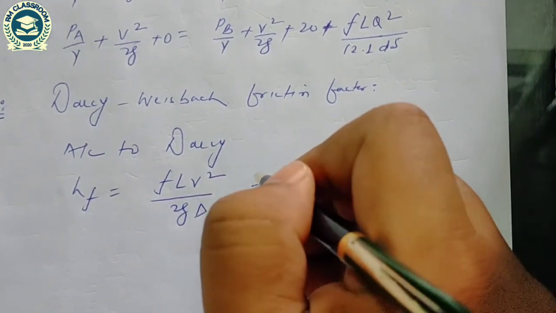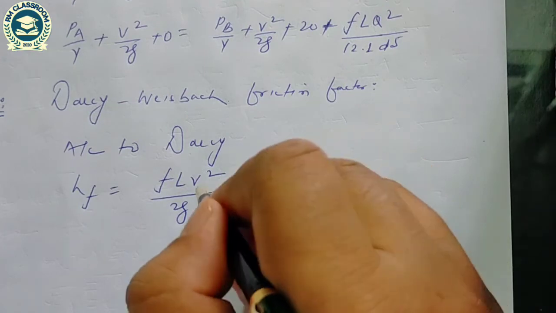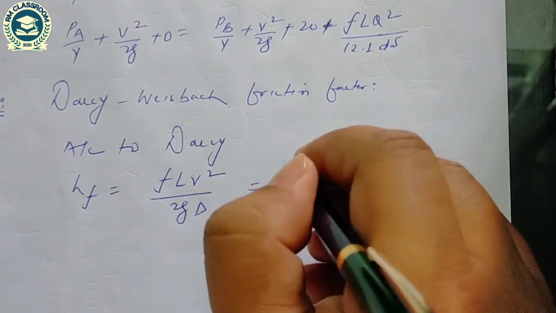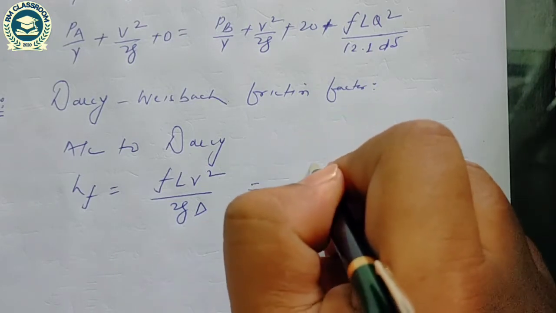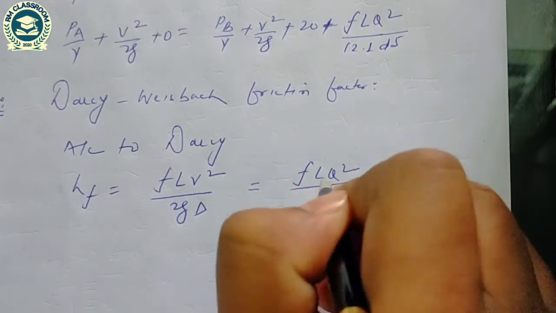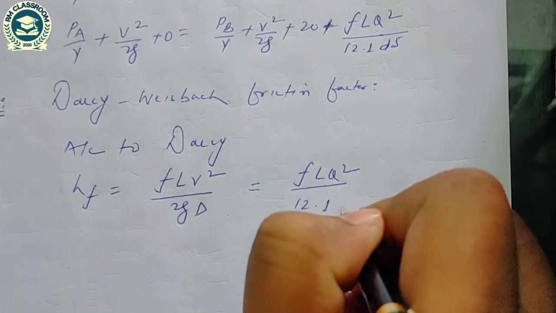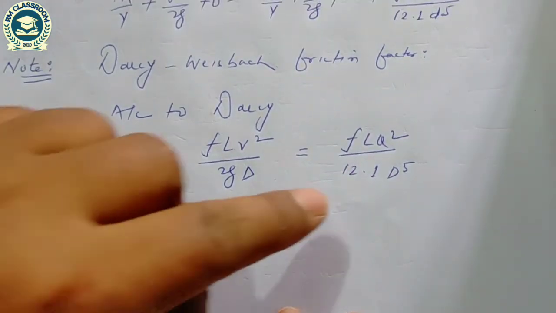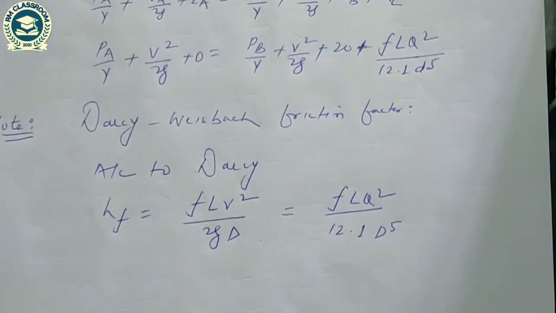Or we can write it in terms of discharge. V is equal to Q by A, so we can write FL Q square divided by 12.1 into D5. That same thing I have written in the head loss.